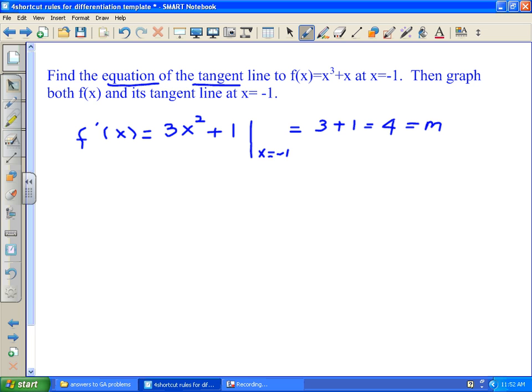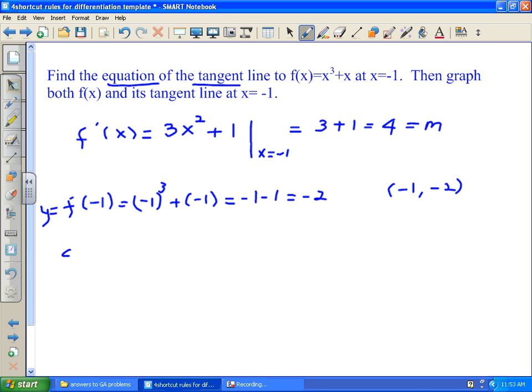To get the equation of a line, we also need a y-coordinate. So let's find f of -1. This will be our y-coordinate at that point. So plug it into the original function. Basically, we have -1 minus 1, or -2. So it turns out that the point at hand is (-1, -2), and the slope is 4.